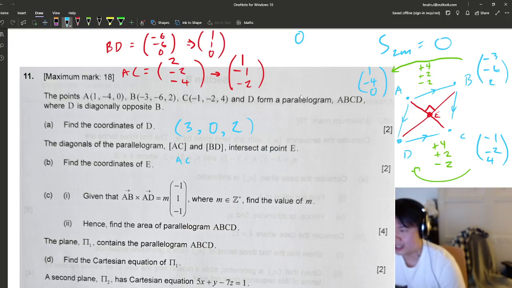Okay, the equation for AC is 1, -4, 0 plus lambda of some sort, 1, -1, -2. This is going to be equivalent to BD. BD is negative 3, negative 6, 2 plus the same lambda?